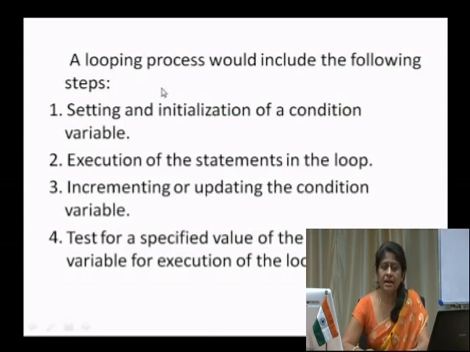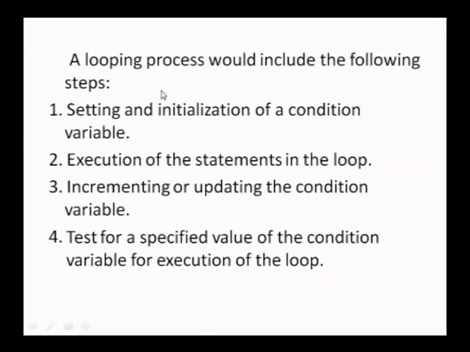So, what generally happens in the looping process, we will see, that is setting and initialization of a condition variable. Next, execution of the statements in the loop, and then incrementing or updating the condition variable, and then test for a specified value of the condition variable for execution of the loop.